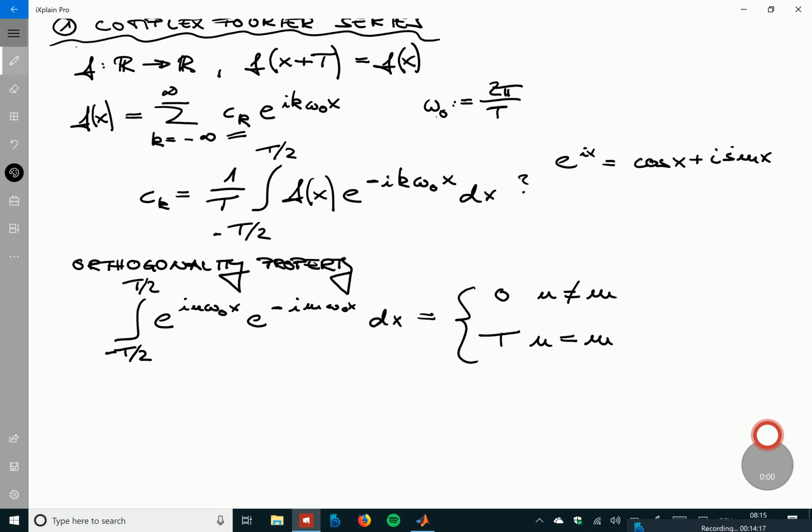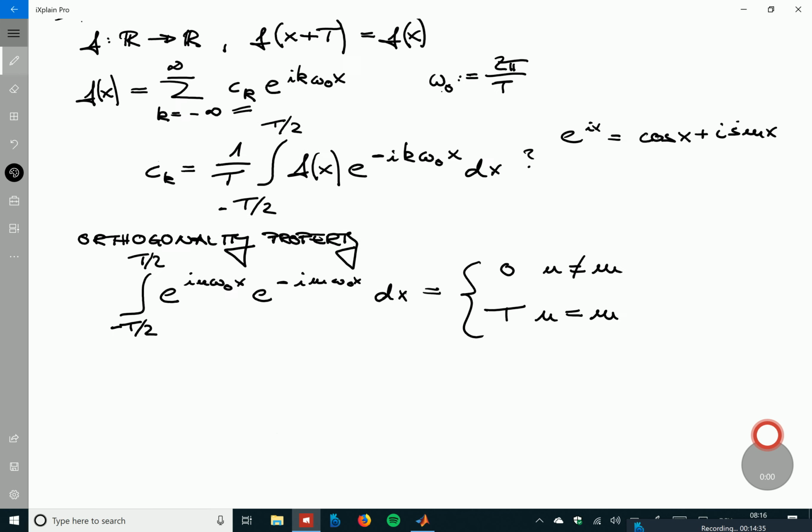This follows fairly straightforwardly from the trigonometric orthogonality properties, so from the sine and cosine orthogonality properties that we established three or so sessions back.